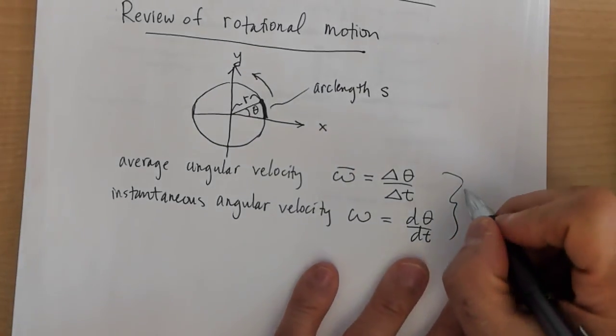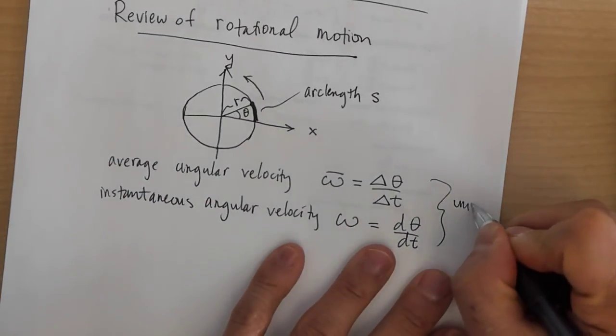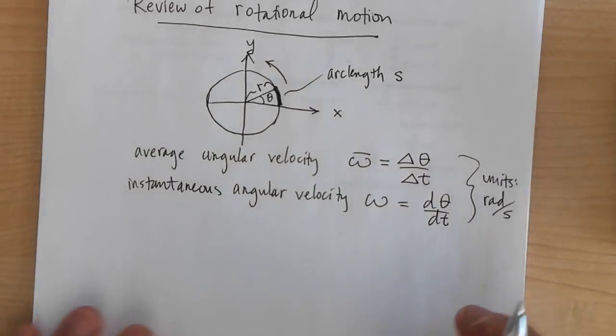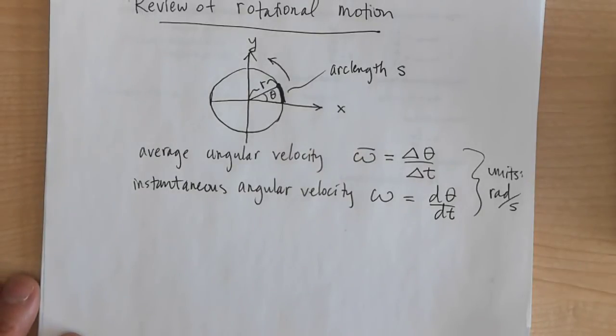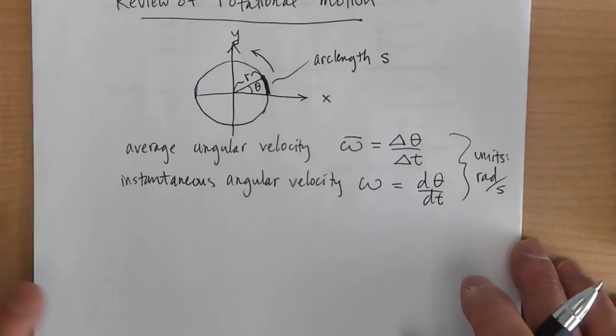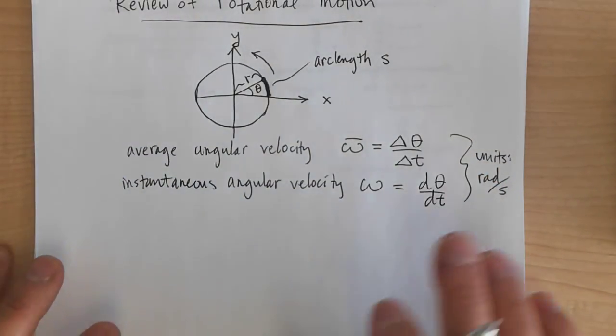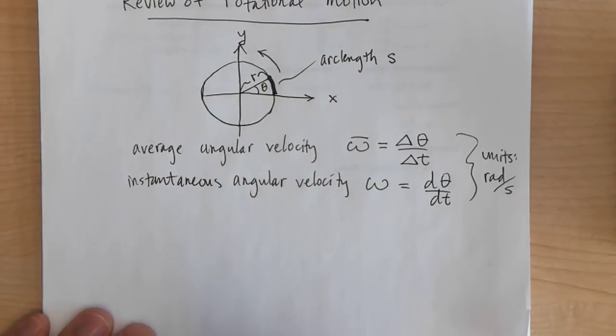The units for this are radians per second. Now remember, radians is not a real unit like meters or kilograms, so in some formulas you'll see the radians omitted, but I'll write them here.